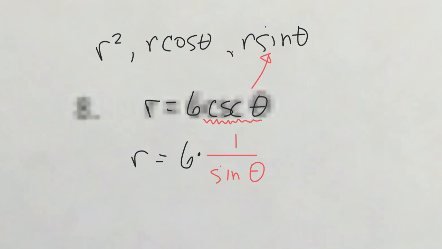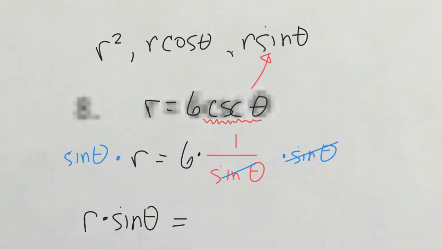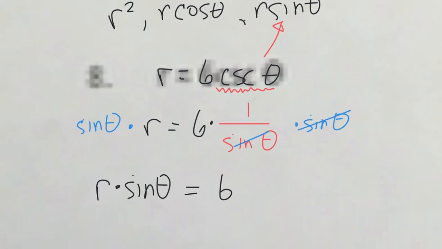And now with a little bit of algebraic manipulation, we're going to multiply the left and the right side by sine. And of course sine divided by sine is 1, so that's a pretty easy cancellation. So on the left side we have r times the sine, and on the right side we just have 6. Well, look at that. I have created something that I can replace.